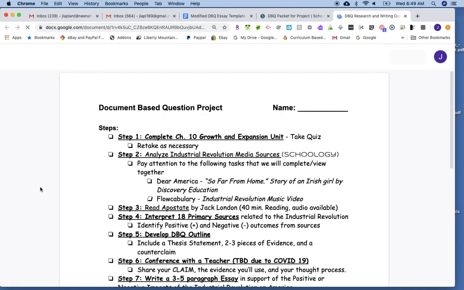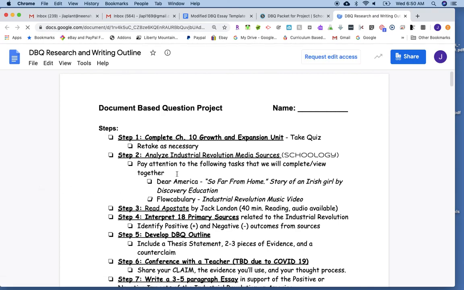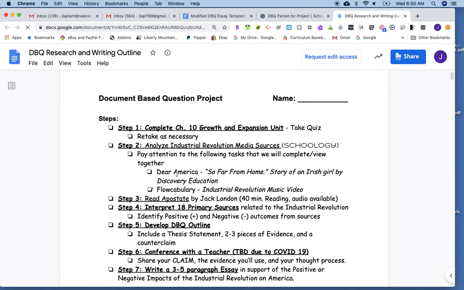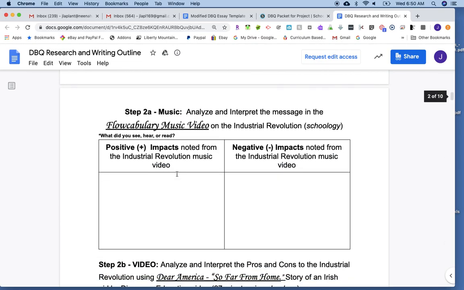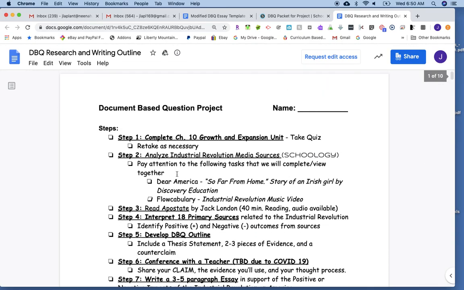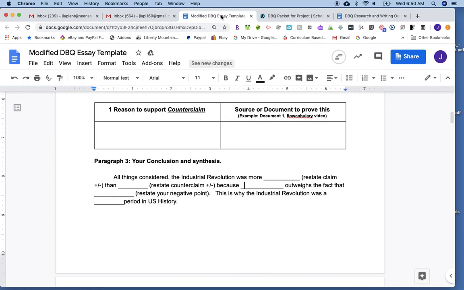And in this is everything you've been hopefully working on to complete. And you're going to use this information to copy and paste into the document that I just shared with you, this modified DBQ essay template.